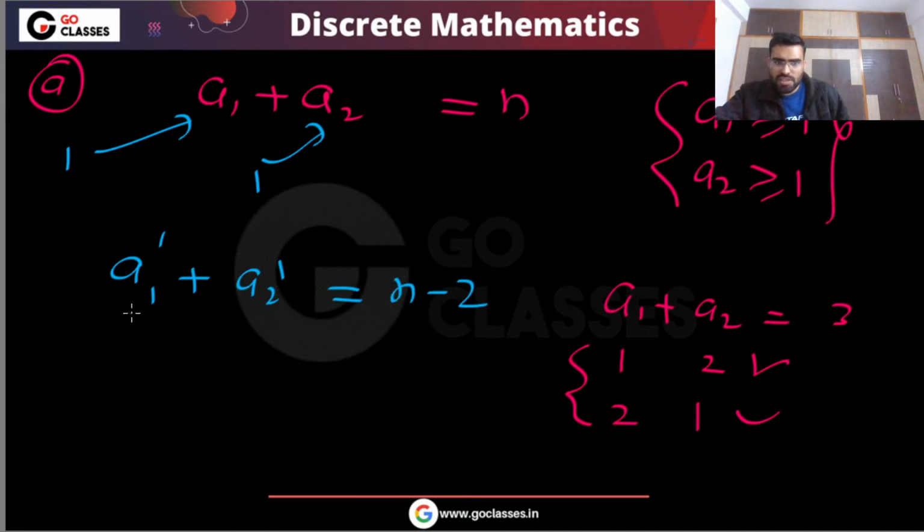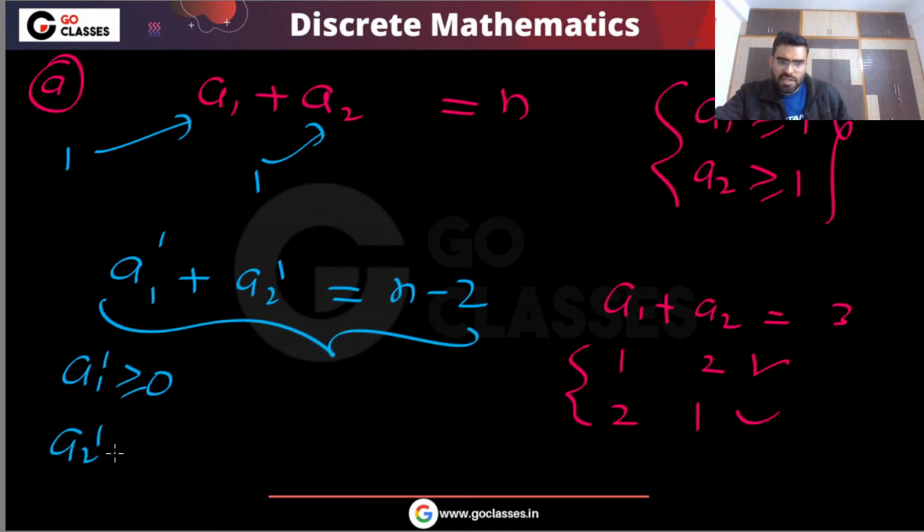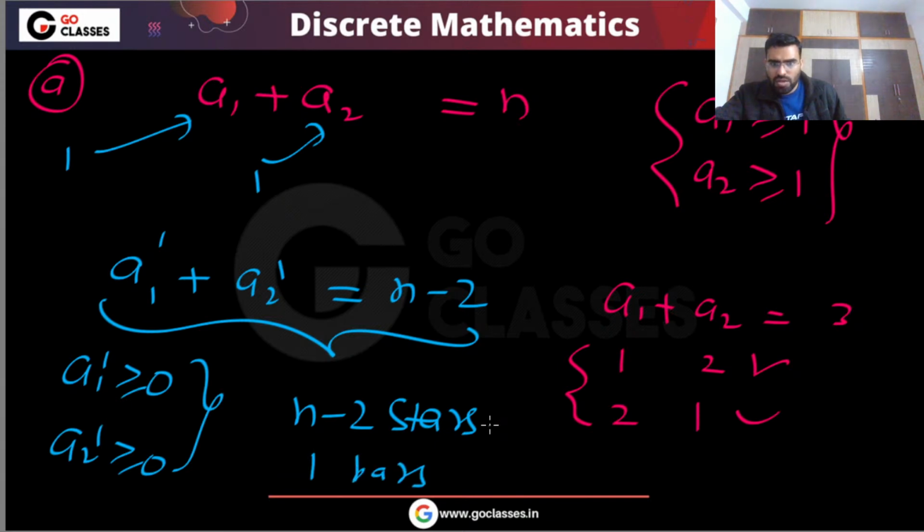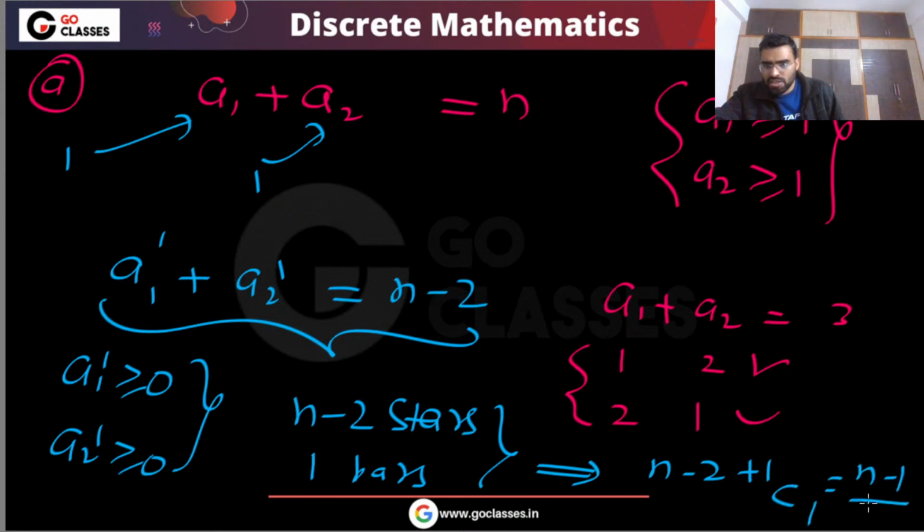And now the question is very simple. Now this a1 dash should be greater than or equal to 0, and this a2 dash must be greater than or equal to 0. Now the answer is n minus 2 stars and 1 bar. So from this you can very easily see the answer is n minus 2 plus 1 C 1, that is equal to n minus 1. Is this clear? Does anyone have any doubt in this?